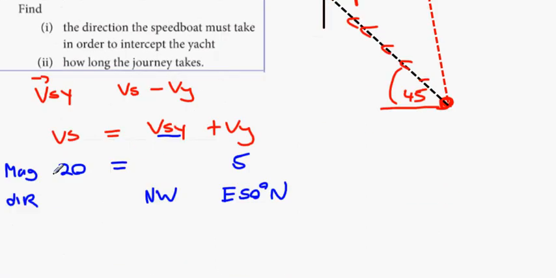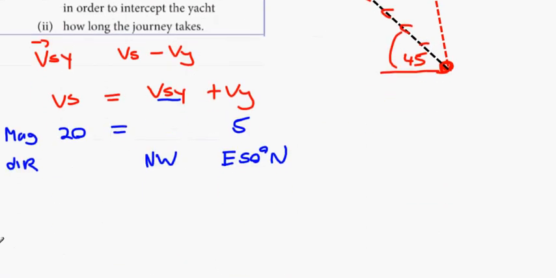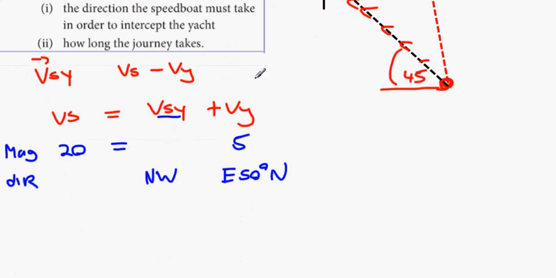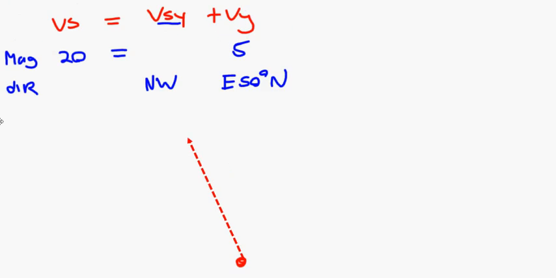So what we're looking at doing is constructing a triangle. We start off with the ones that we know the direction of. We know that Vs has to go somewhere up in this direction here. So I recommend we say that Vs is going up some direction here. Now we could be wrong about this, it could be over this way, but let's just set it this way, and the maths will tell us if we're right or wrong.